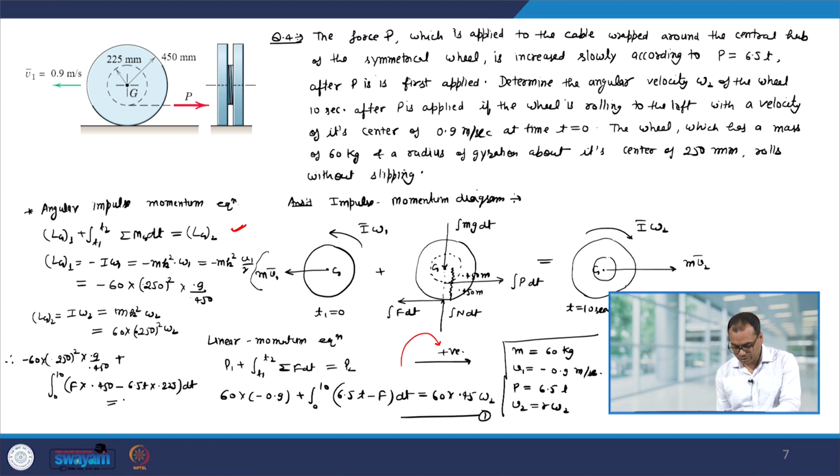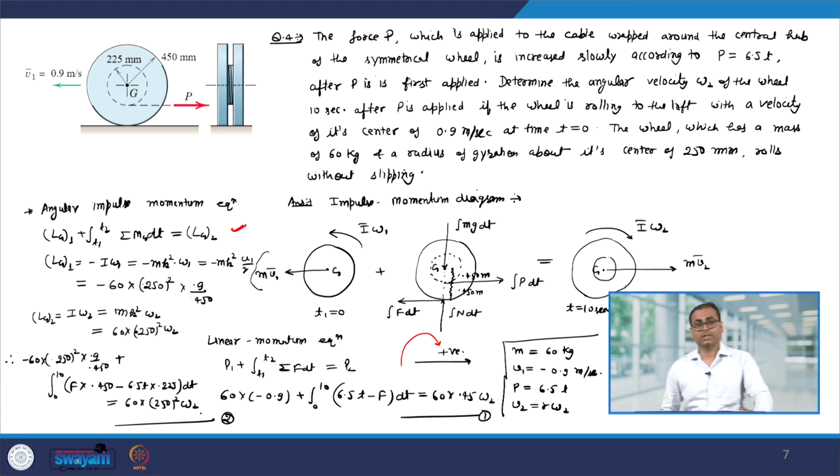So, Lg2 is equal to 60 into 0.250 square into omega 2. Let us call this equation number 2.